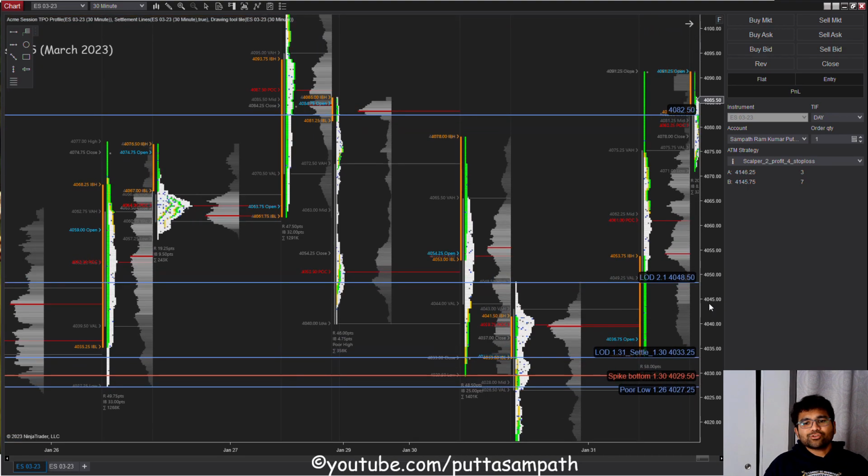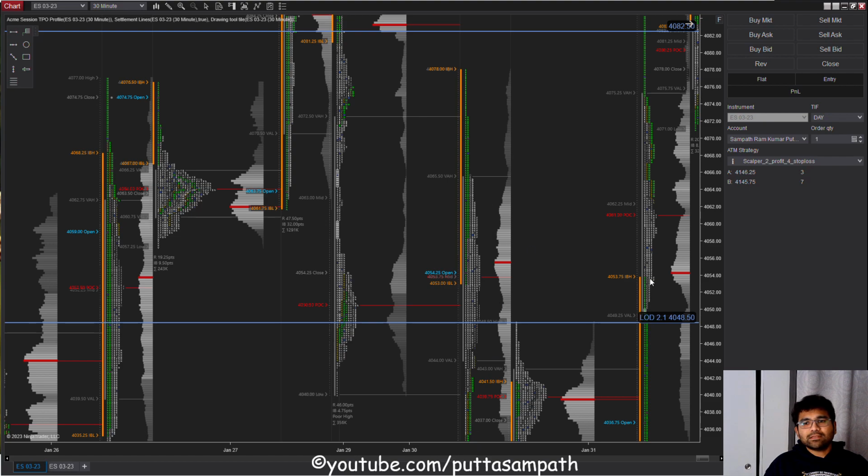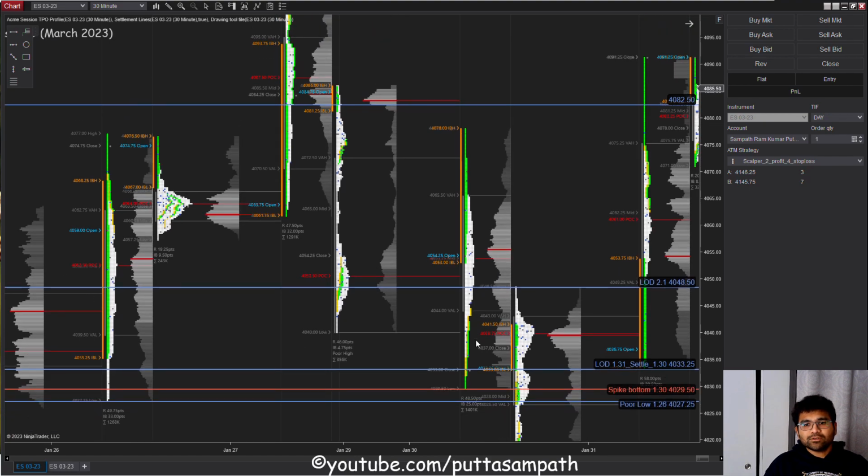Spike means insufficient time to retrace back to the mean of the distribution. So if you notice, most of the distribution is like a D on Monday, and then we closed almost near the low of the day.